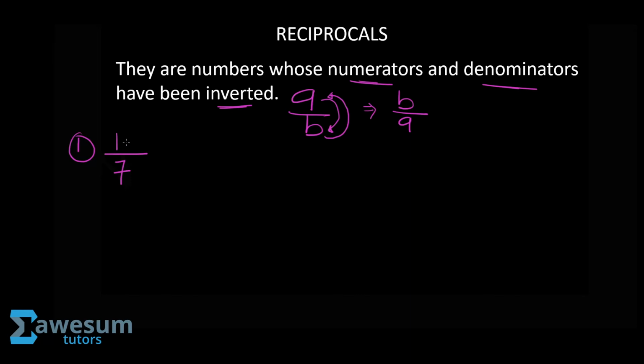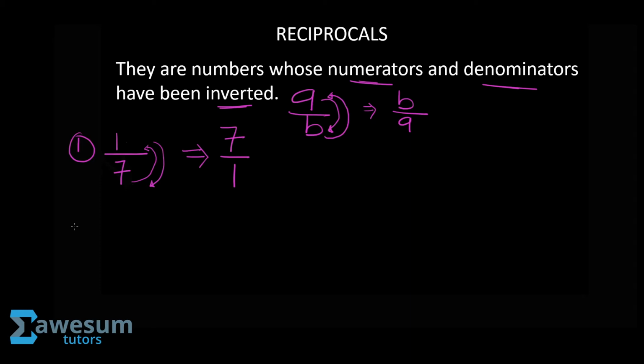Make 1, which is the numerator, go to the bottom, and then 7, which is the denominator, goes to the top. So there is a flip right here. So that means your reciprocal becomes 7 over 1.